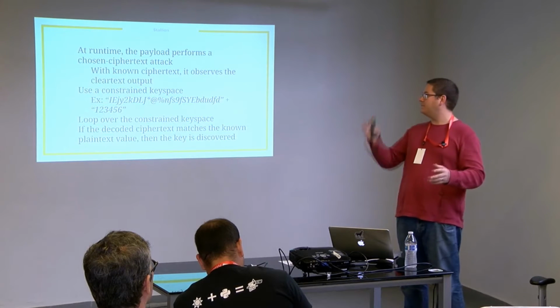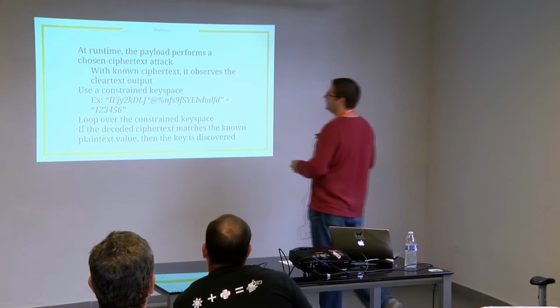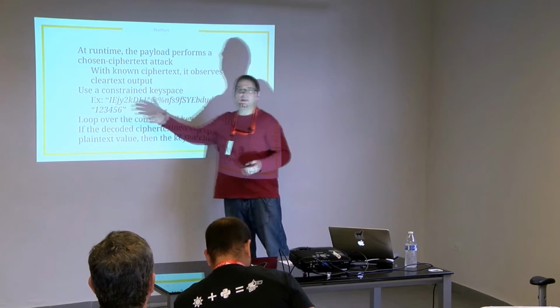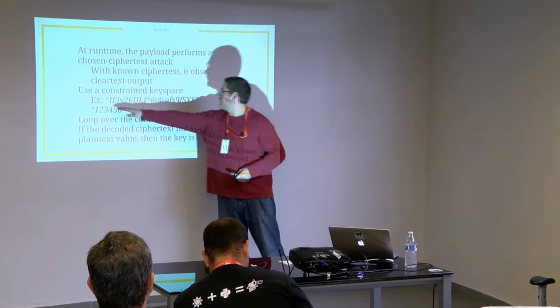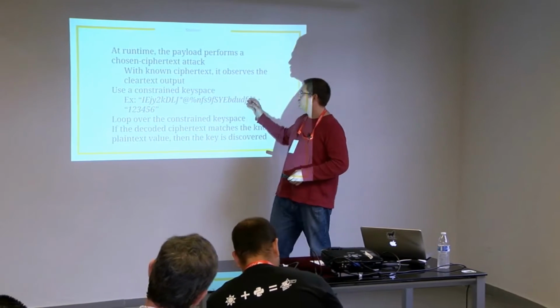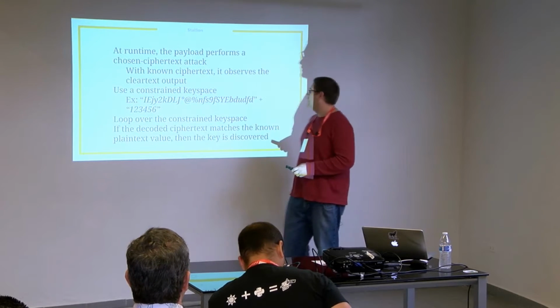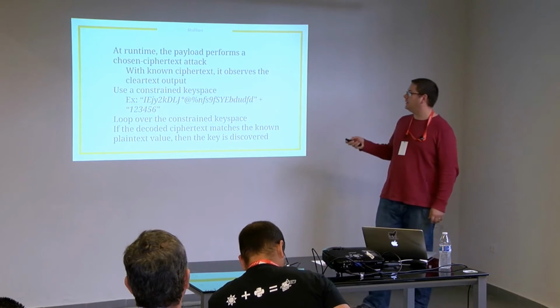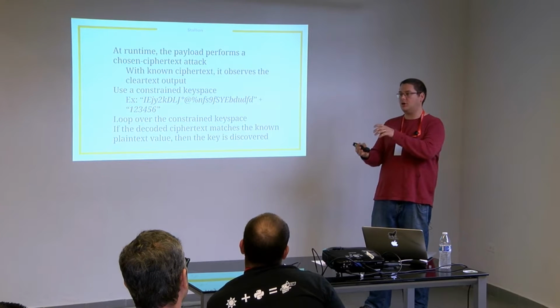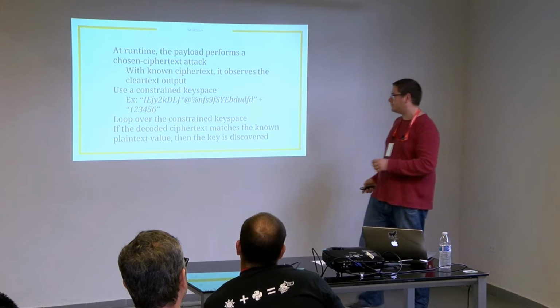It only has part of the key, and we're using a constrained key space. Let's say we're AES encoding something. This is the first part of our encryption key, which is 26 characters, I believe. This can be completely random, and it is embedded inside of that Python code in the Windows executable.